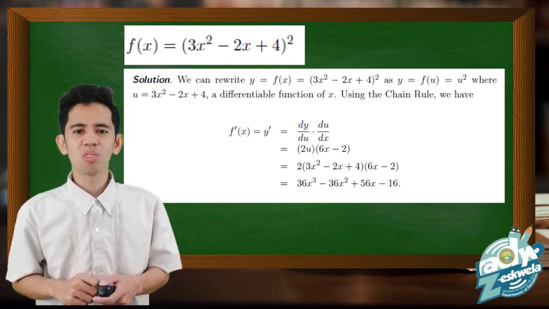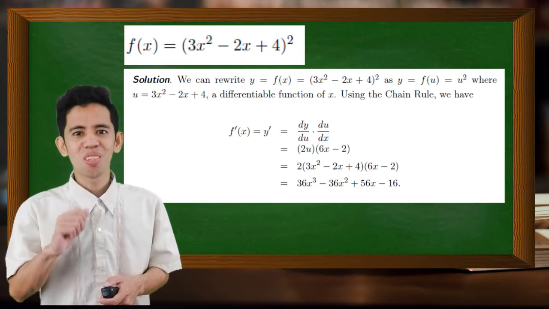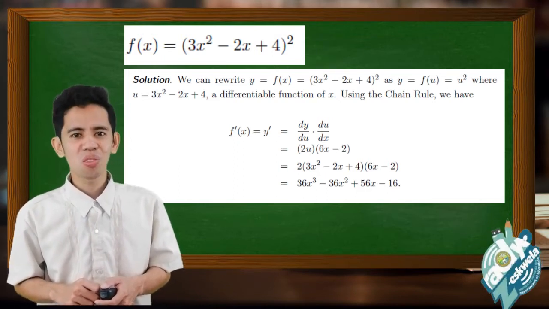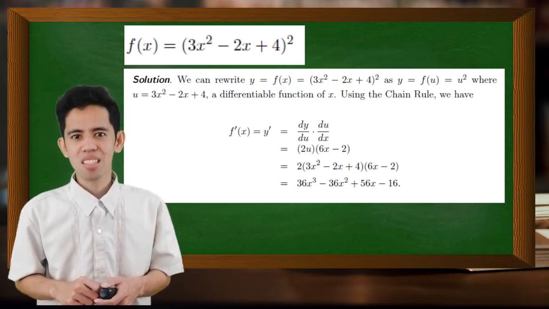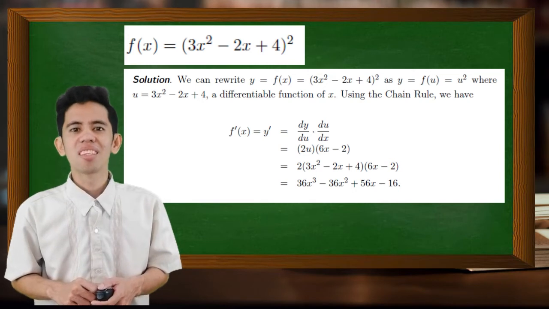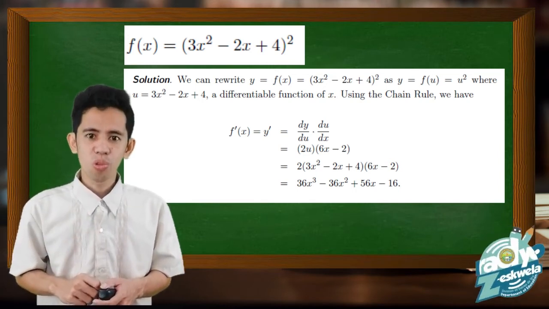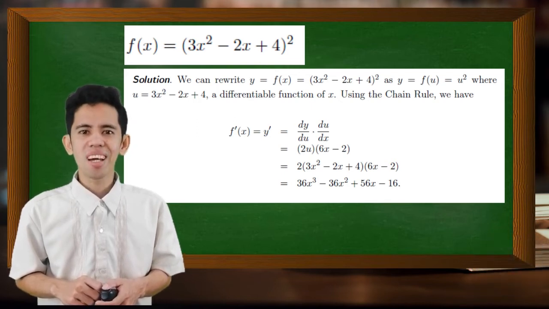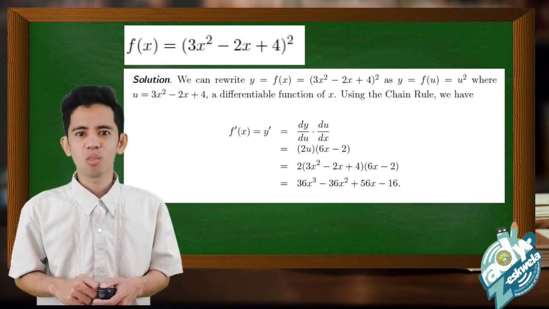Using the chain rule, we have f prime of x is equal to y prime, or dy over du times du over dx. Then, dy over du is equal to 2u, while du over dx is equal to 6x minus 2.